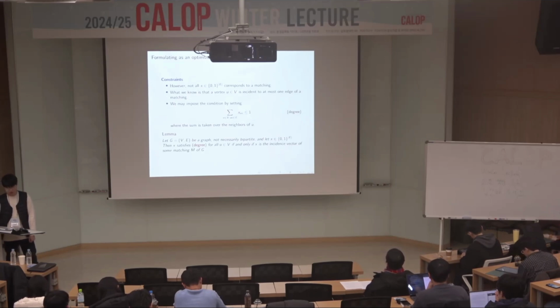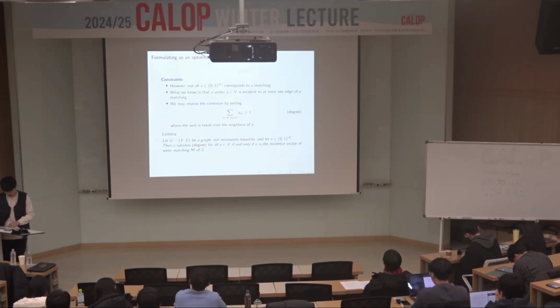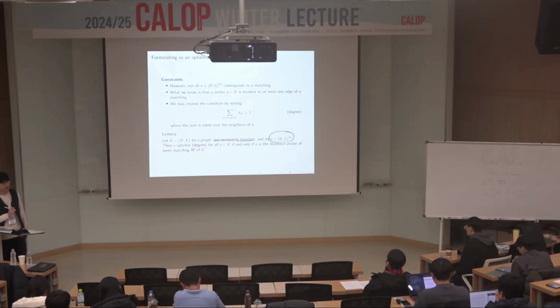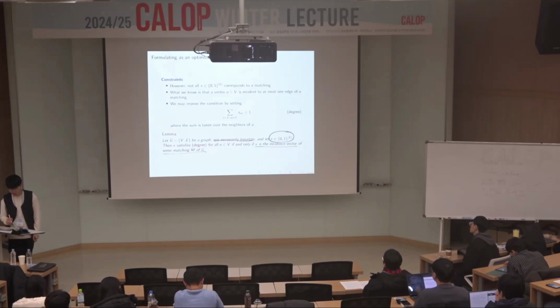Great. And in fact, this is enough. This is enough to guarantee that you find the matching. So you have a graph, but that doesn't have to be bipartite. Now you pick a 0, 1 vector. Then this thing corresponds to a matching if and only if it satisfies this degree constraint.